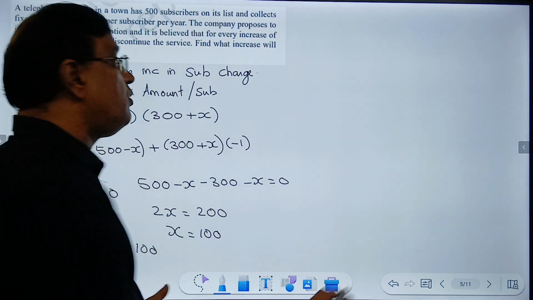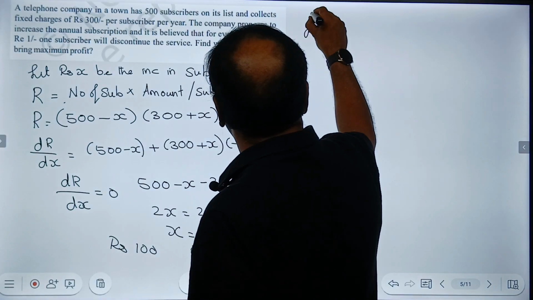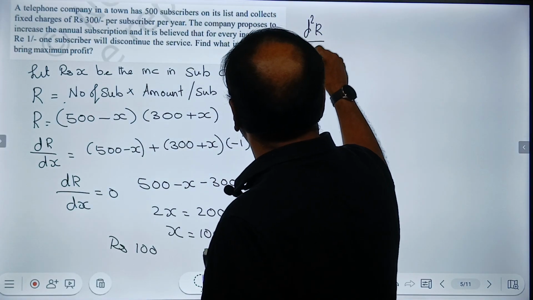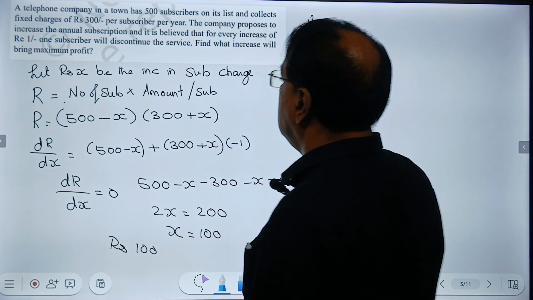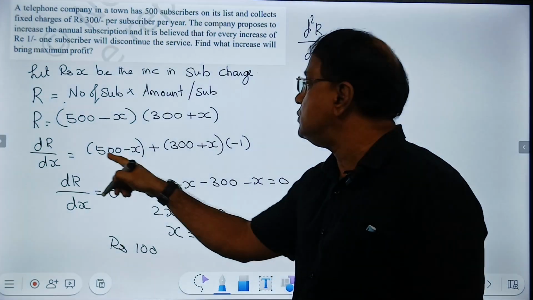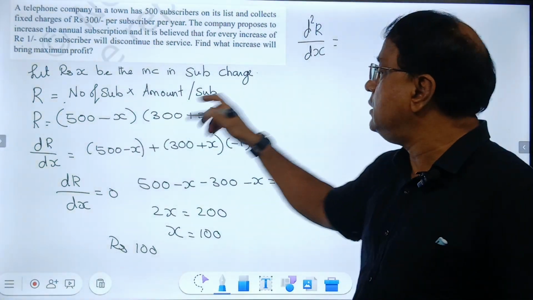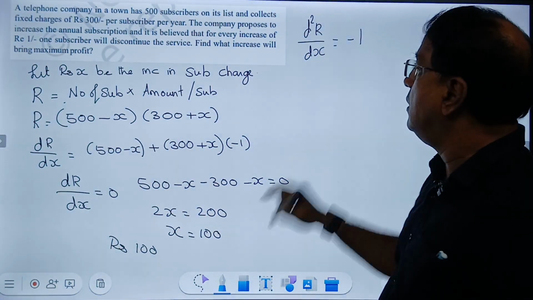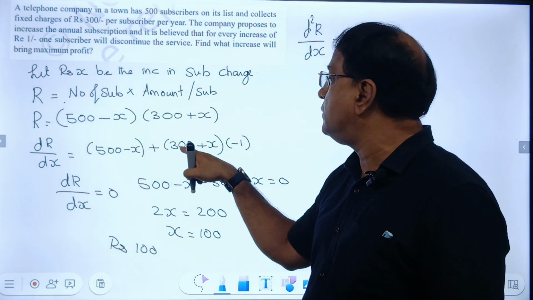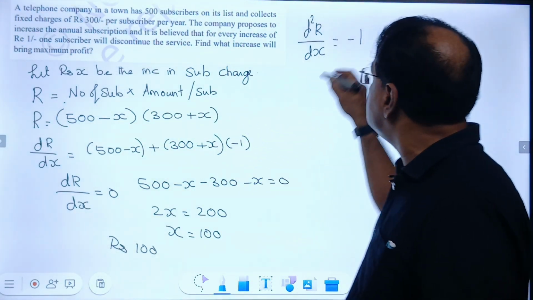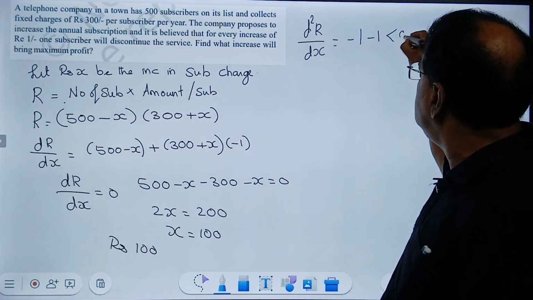How do I know it is maximum? I have to go for the second derivative of the revenue. Once again I differentiate: 500 minus X gives minus 1, and minus (300 plus X) gives minus 1, so d2R by dx2 is less than 0.